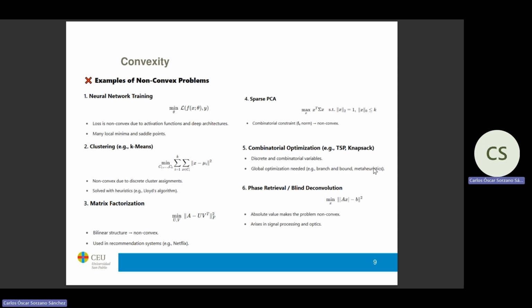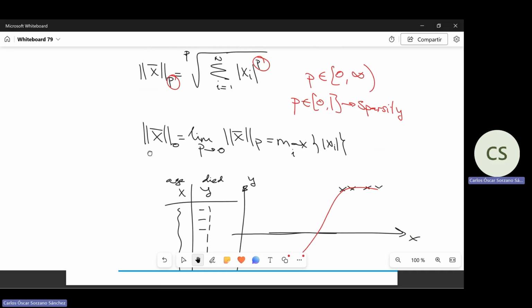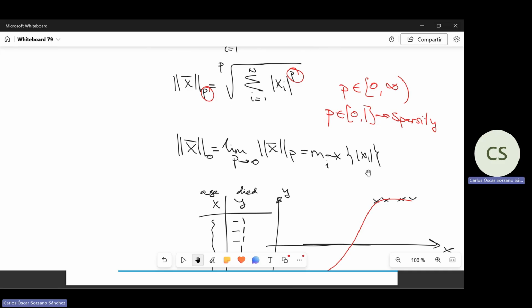And this one is looking for the x that has at most, so the maximum value. Actually, I did it wrong. I told you that here, the norm 0, I told you it was the maximum. It is not that. I'm sorry. Very sorry about that.